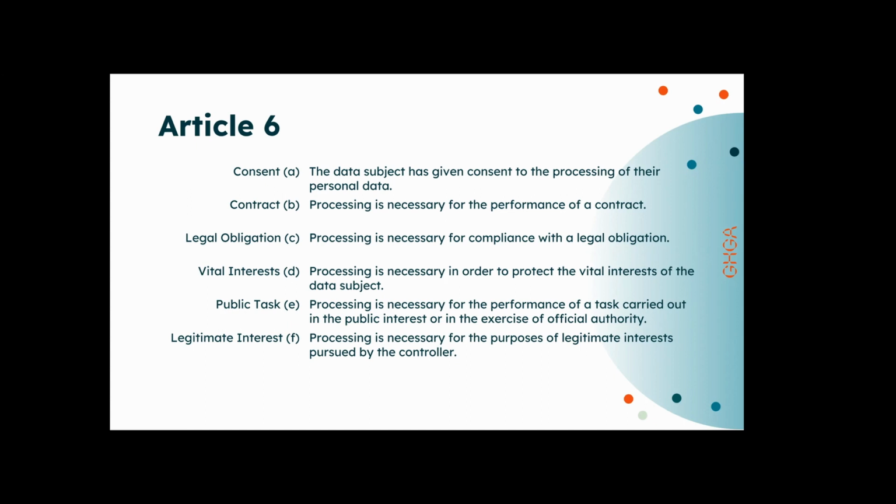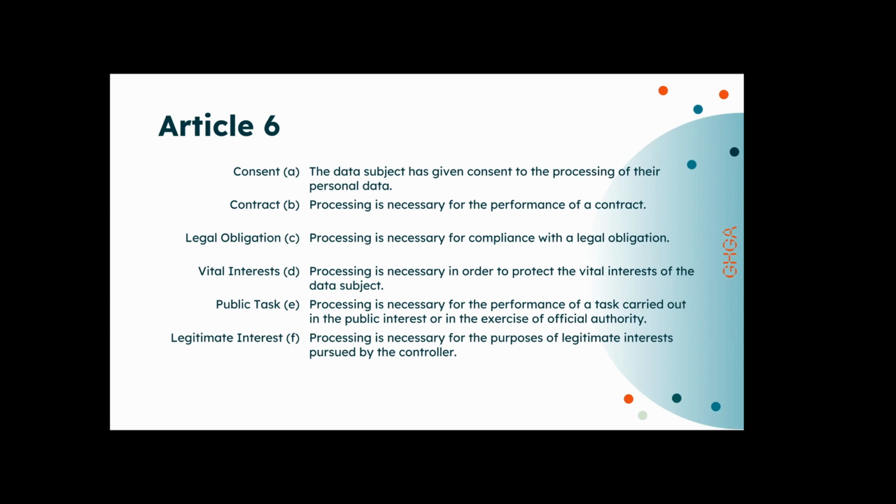6.1b gives us a contract, and so this means that we're processing for the performance of a contract to which the data subject is a party. So if you have a contract with someone, they obviously need to process personal data about you in order to fulfill that contract, and that could be covered under 6.1b. A legal obligation, so if it's necessary for compliance with a legal obligation to process the personal data.